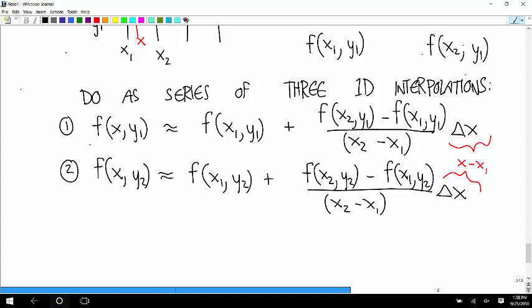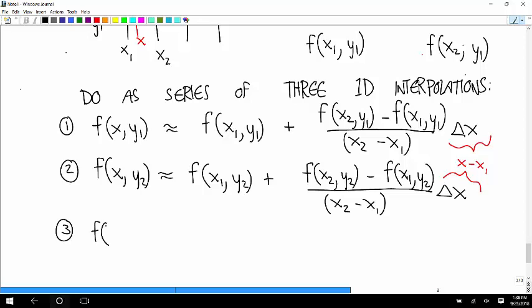And now that we have those 2 approximations of the function value at the x that we want, what do you think the third step is going to be? Now we're going to interpolate using y1 and y2 to our desired y value.